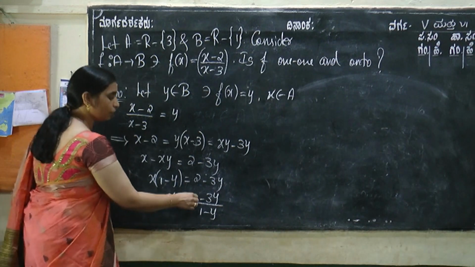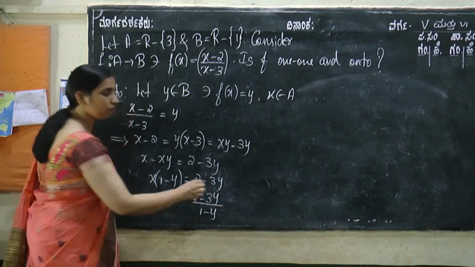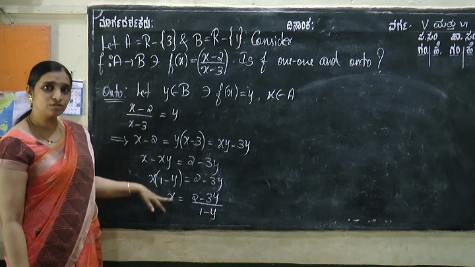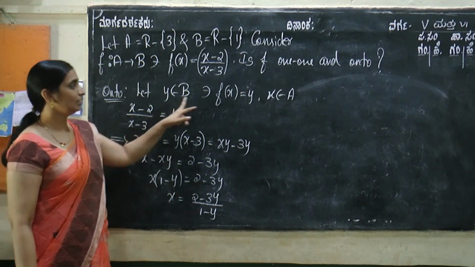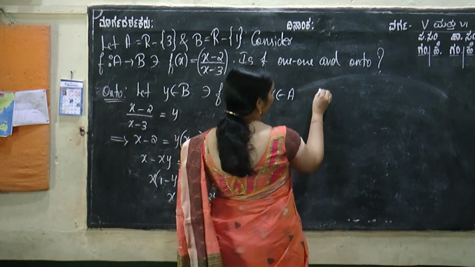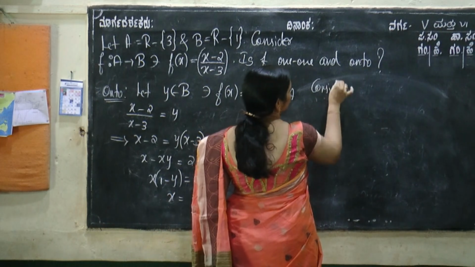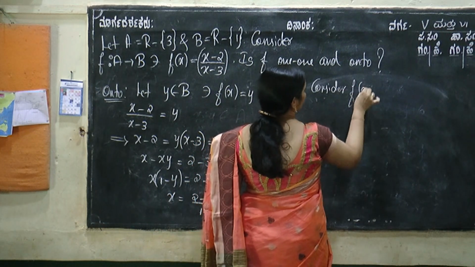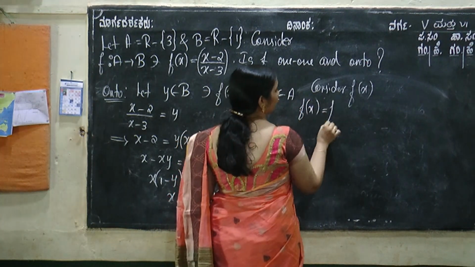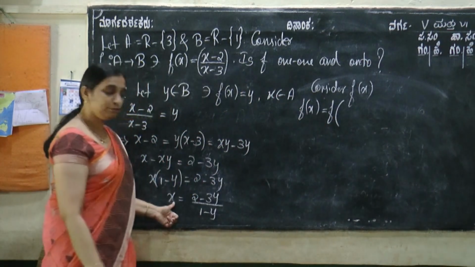Now x is equal to 2 minus 3y divided by 1 minus y. What we do? We need to check whether this value satisfies the condition f of x equal to y or not. So what we are doing? We consider f of x, that is f of x is equal to f of, so what is the value of x?